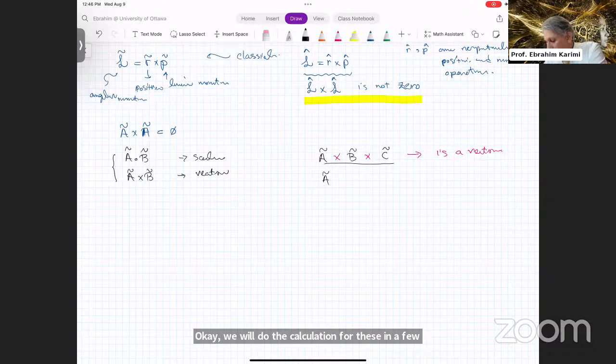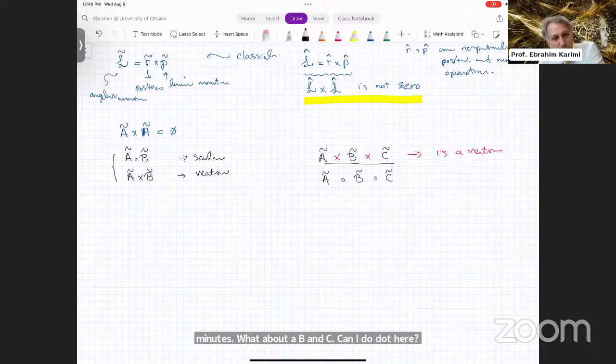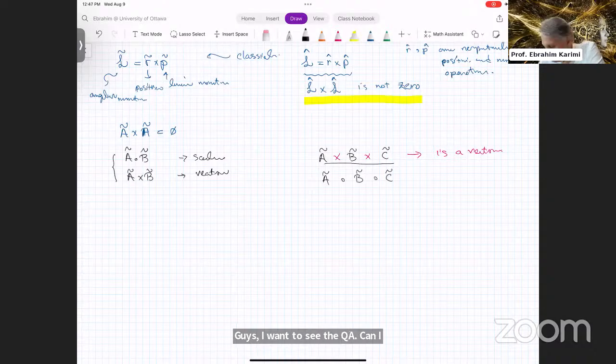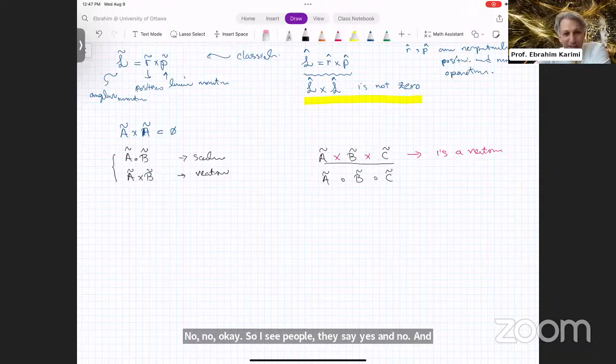What about A, B, and C? Can I do dot here, guys? I want to see the Q&A. Can I write this? I see people saying yes and no, completely random. So no, I cannot write this.